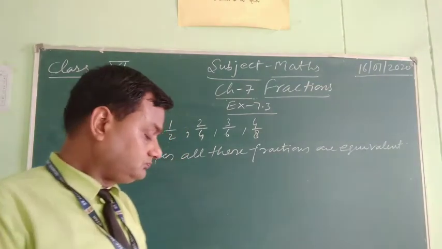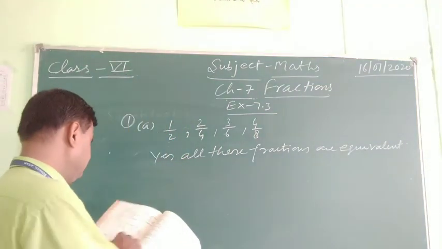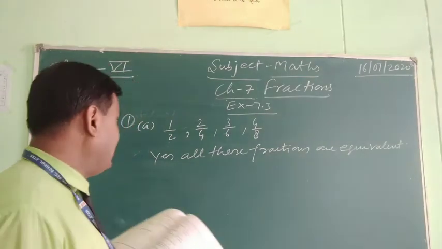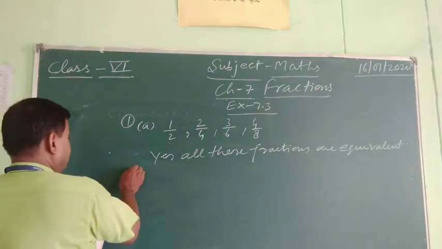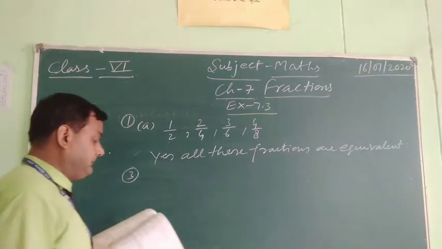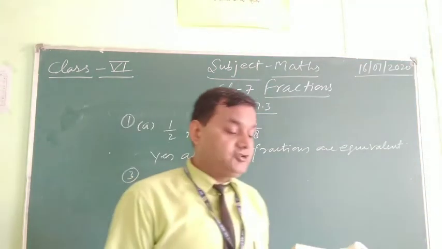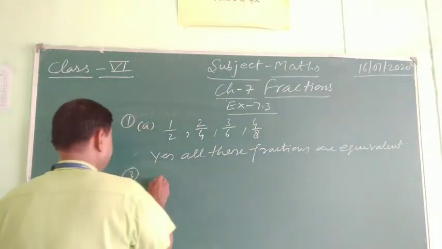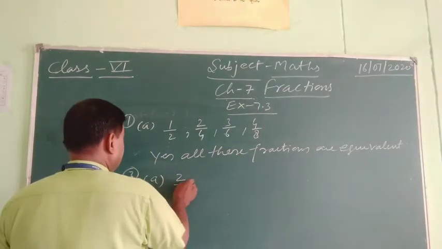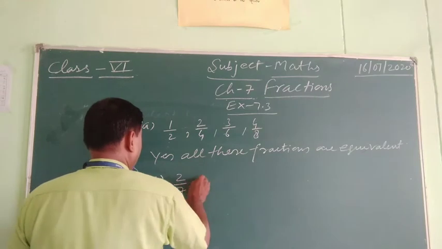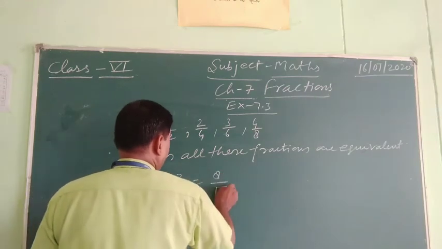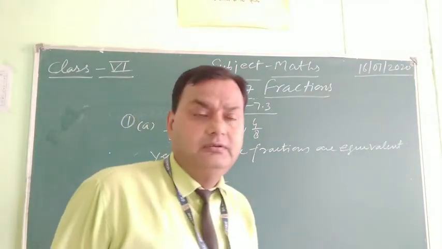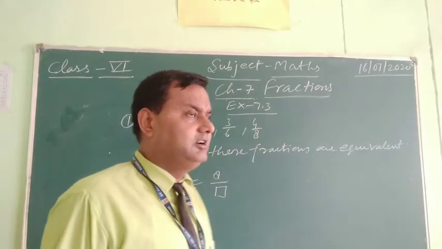Now same as B part, so you can solve it. Now I will solve question number 3. Replace the box in each of the following by the correct numbers. A part: 2 upon 7 equal to 8 upon box. We have to fill the box.